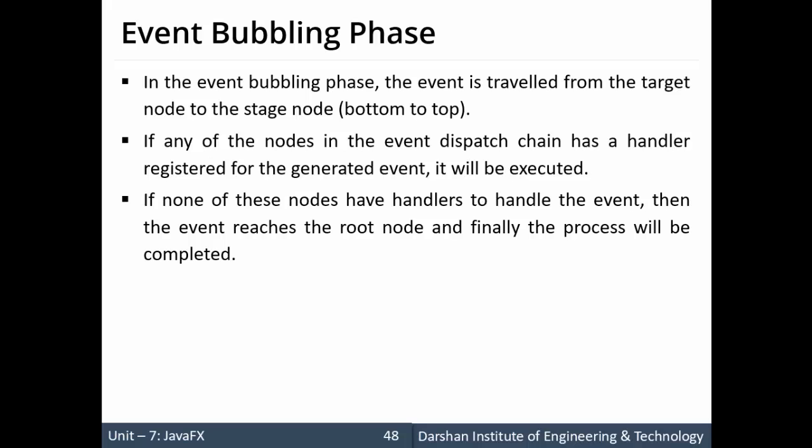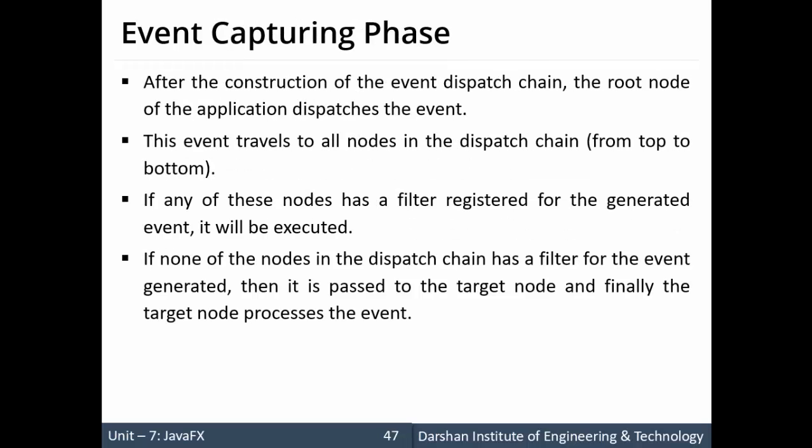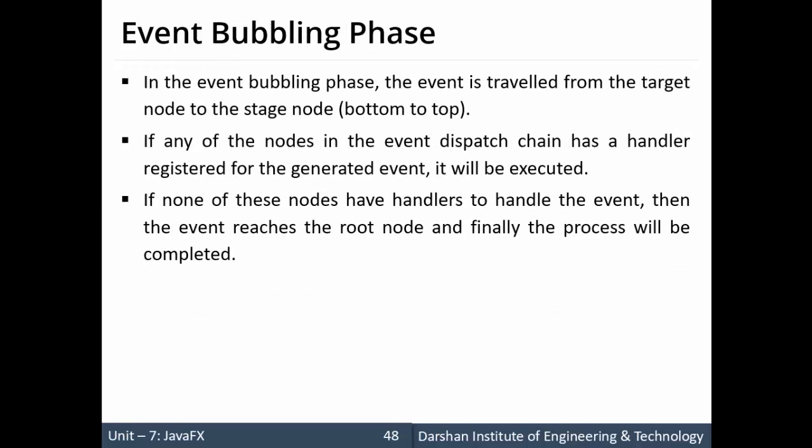Now the event bubbling phase. As you can see, the event travels from the target node to the stage node. It is something different. In the capturing phase filters were in the picture; here, handlers come into the picture, and the event starts its execution from the bottom node and reaches the source node.